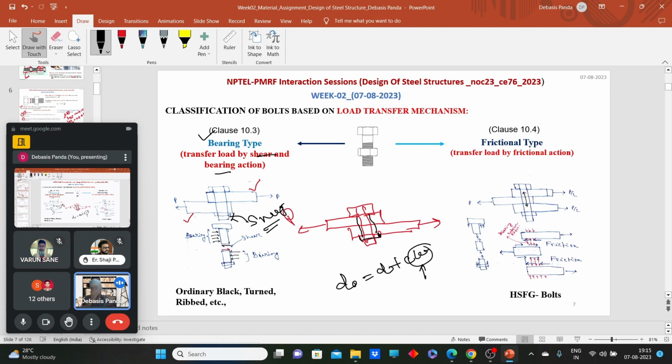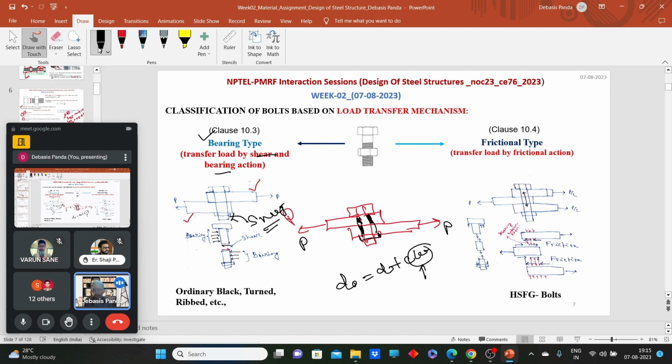Now think, apply the load. I have made the connection, now I am applying the load. After some time, the slip will occur, and this part of the bolt will come into contact with the plate, and eventually on this side, this part of the bolt will come into contact with the plate, right?